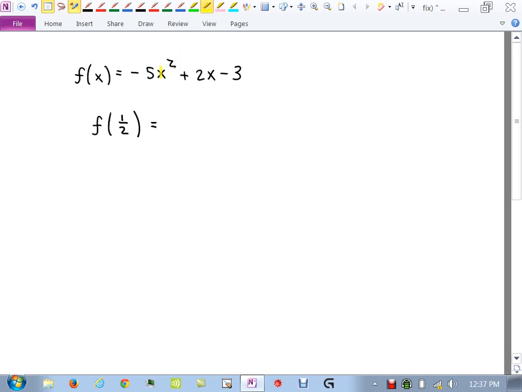Everywhere we see an x, we replace it with 1/2. So I'll have the negative 5, and then my 1/2 in parentheses, squared, plus 2 times whatever x is, which again is 1/2, and then subtract 3. So there are my halves replacing my x's.